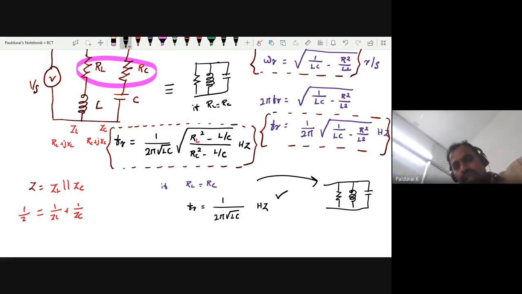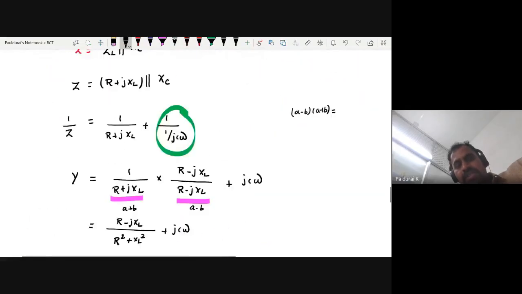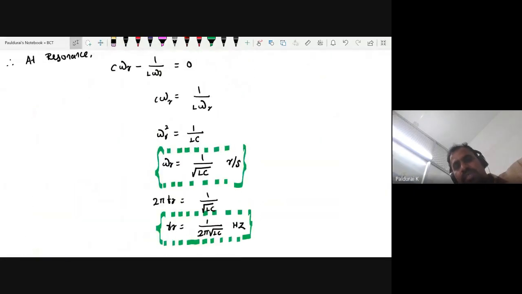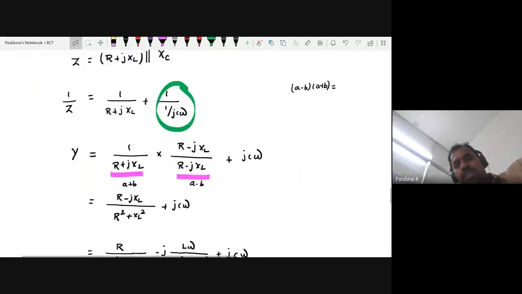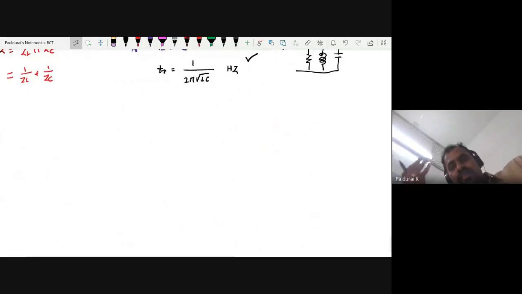So this is about the very first topic on resonance frequency, the concept of parallel resonance. Resonance definition is same, but this time there are three circuits, so you want to know the resonance frequency formula for each circuit. They may give any circuit, and your job is to calculate the resonance frequency.